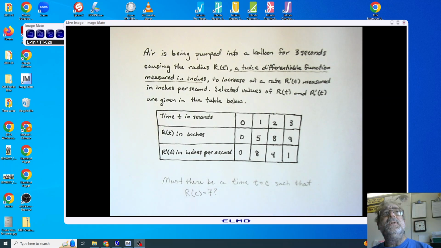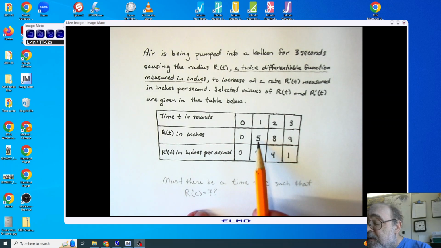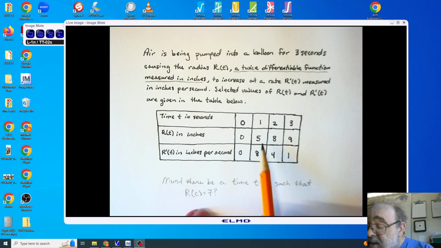That's the way the question is going to be asked. Now, if this is true, then I look at r of c and I say, well, we know that r of t is continuous, and I can see that it is bound by a 5 and an 8. And according to IVT, the intermediate value theorem, 7 must fall between 5 and 8.